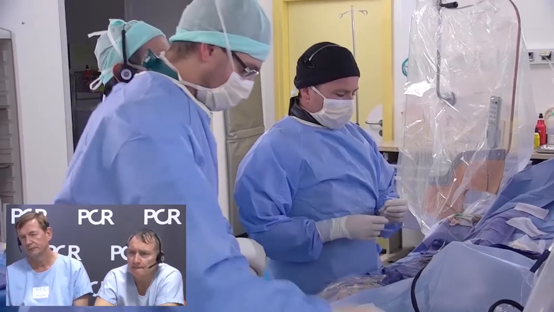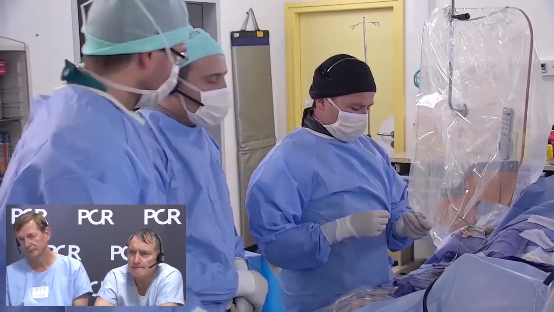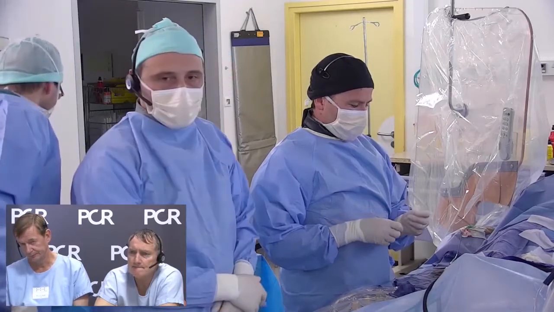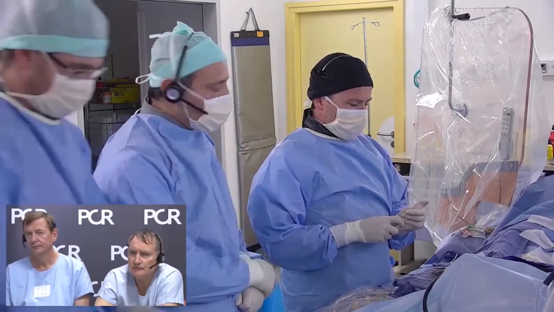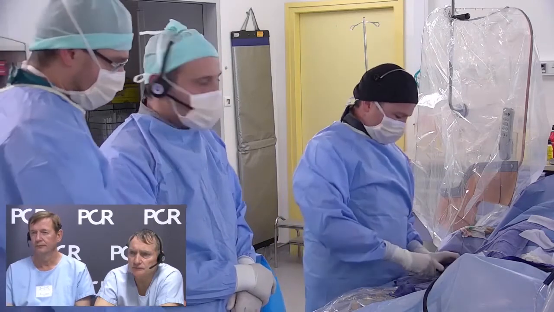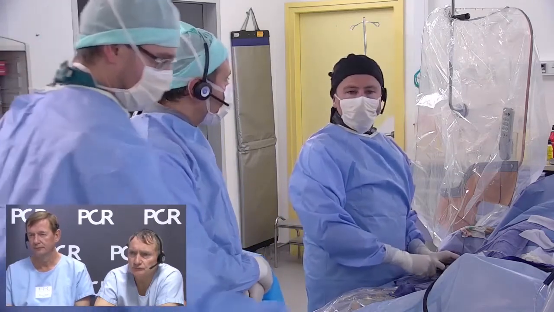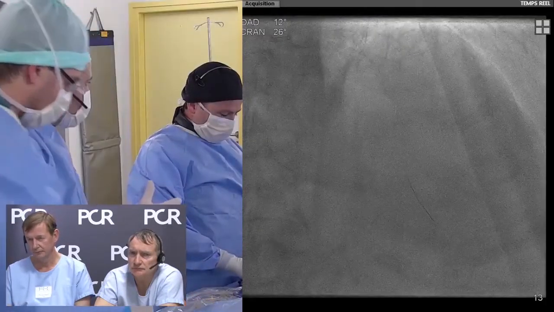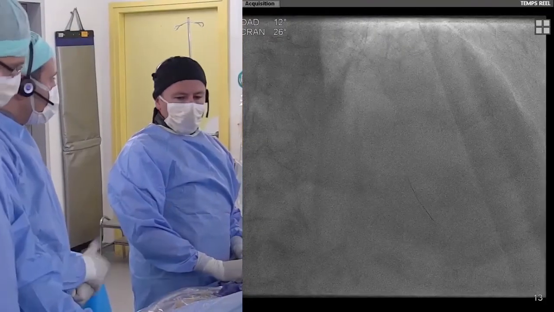Honestly, if I may interfere here, we already intentionally decided from the beginning not to rotablate the left main. You might remember that we have a 6 French guiding catheter here. To do something reasonable on the left main, we would have to take a burr bigger than 2, which is a very big vessel.